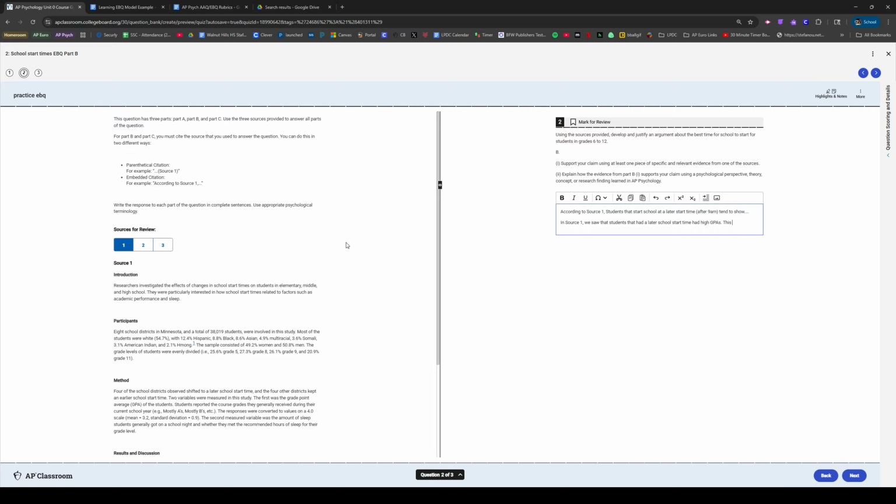This evidence supports my claim because students that have higher GPAs tend to do better in school, have better academic and career outcomes, and are more likely to get into and attend college.